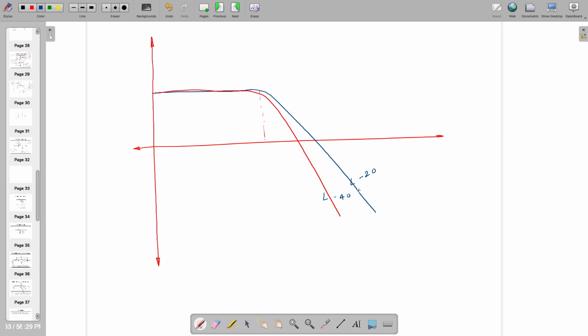Do you understand the difference between the two? First one is first order and second one is second order. After this point this is happening, and in general this is known as roll off. So one plot is rolling off with minus 20 dB per decade, one is rolling off with minus 40 dB per decade, and this side is known as pass band.